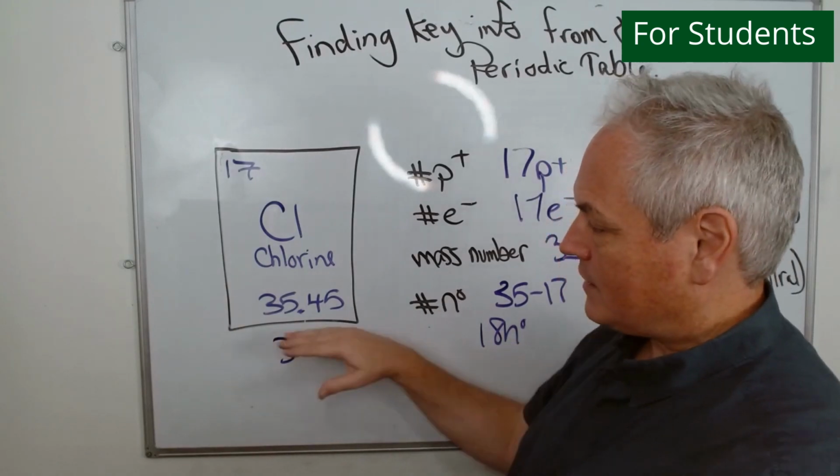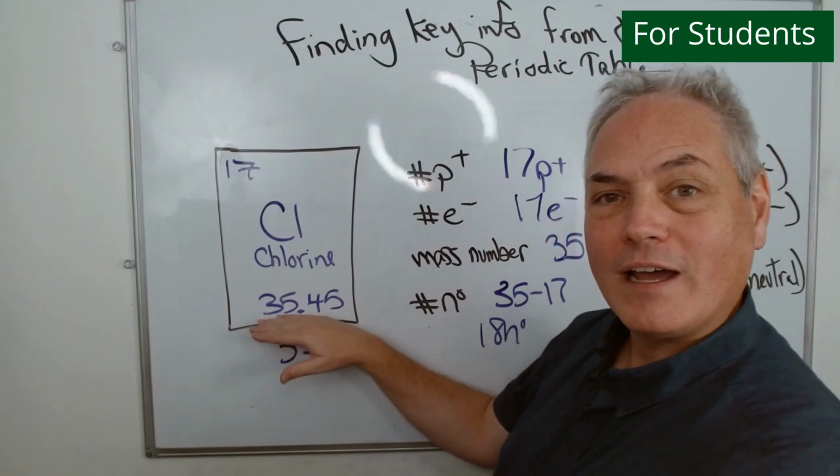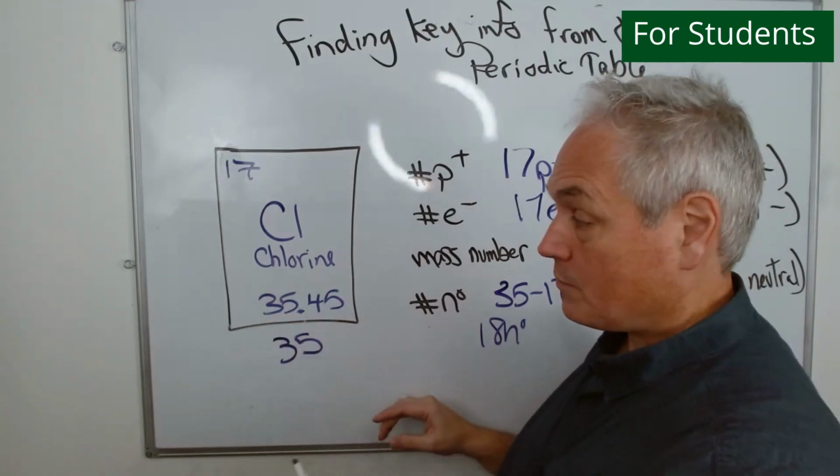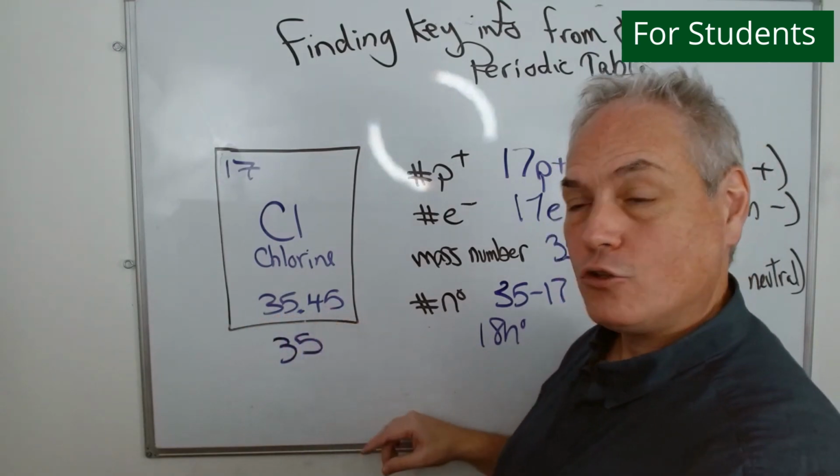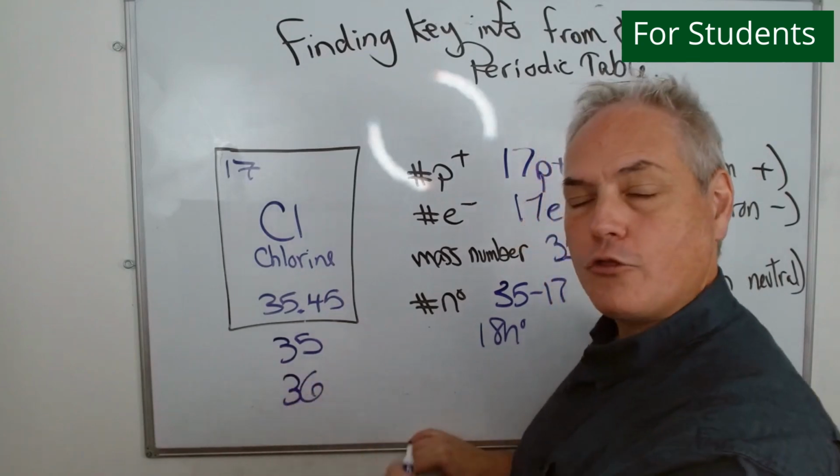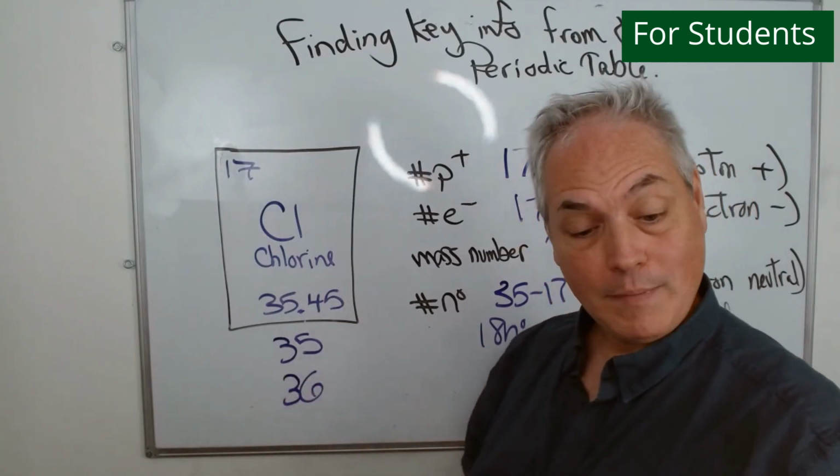But what is interesting is that here we have 35.45. So some people would say, well, why can't I use 36 as a mass number?